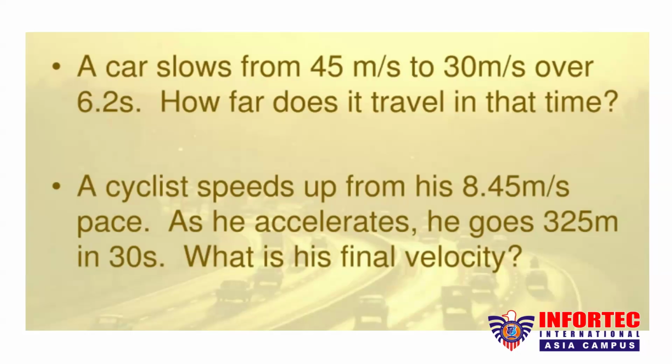The starting velocity u is given as 45 m s^-1, the final velocity v is given as 30 m s^-1, and the time is 6.2 seconds. And the question asks how far, what is the distance, right?